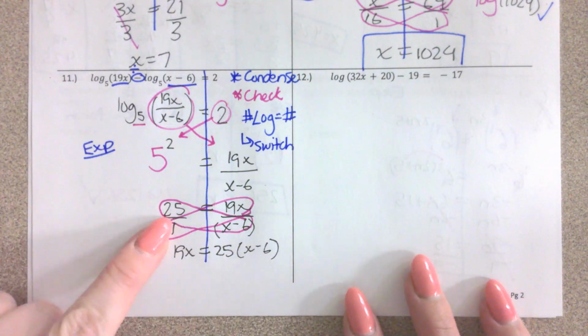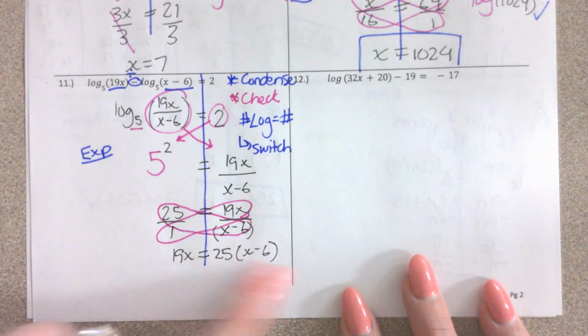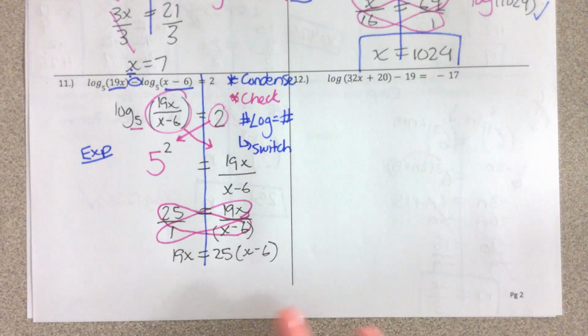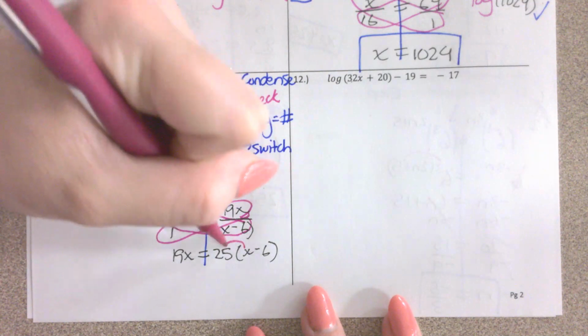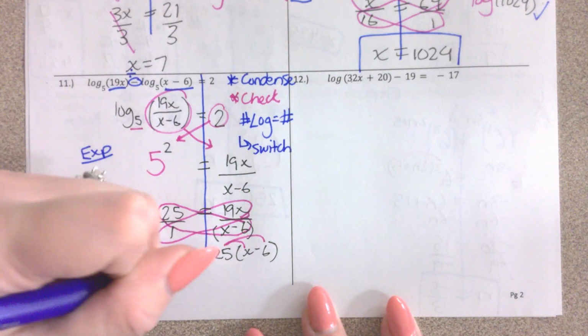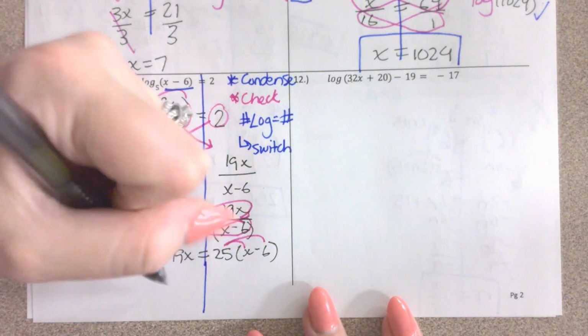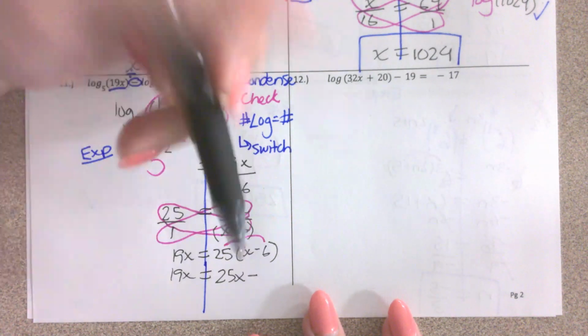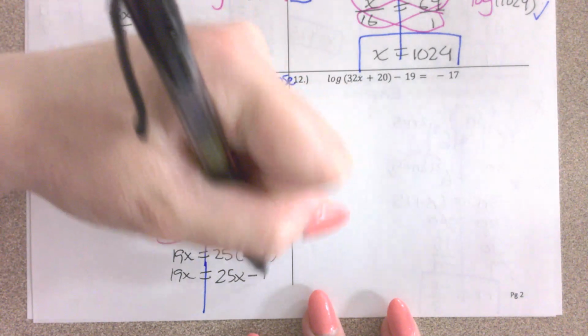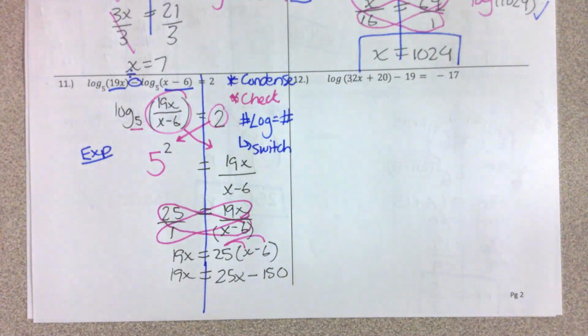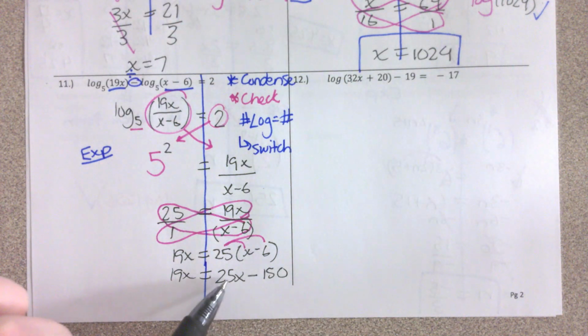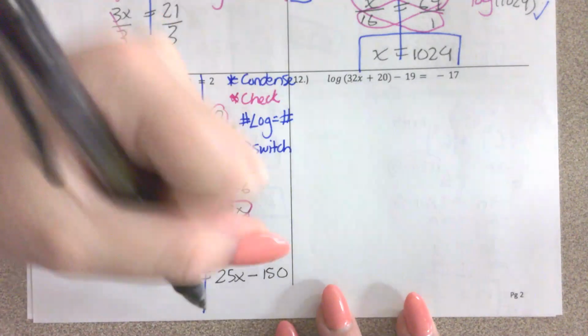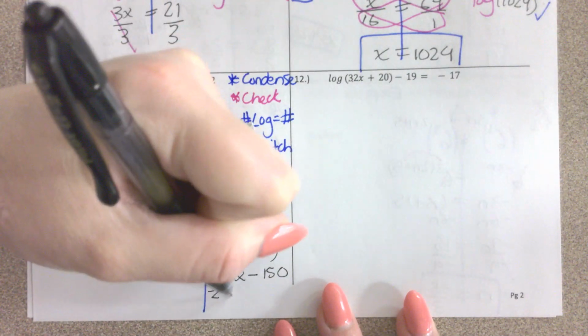Now don't forget you're multiplying 25 by all of this, so it's like distribution. We'll distribute that 25 into there. 19x equals 25x minus 25 times 6, that is 150. And then I'm going to move that 25x over to the left side, since the 19 is by itself.